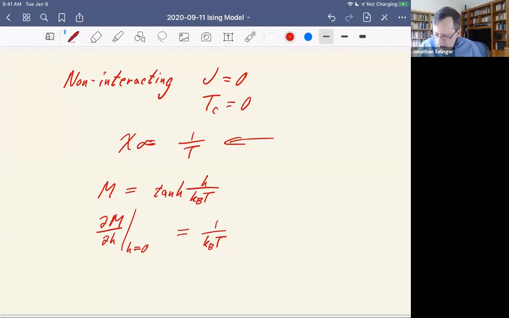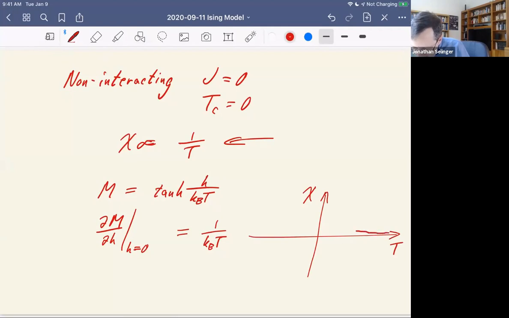So if you were to plot the susceptibility as a function of temperature, for the non-interacting model, it goes like that. If this is T equals 0, absolute 0 Kelvin, I don't really need this side of the plot, do I? Okay.